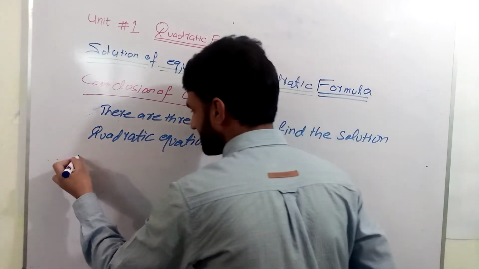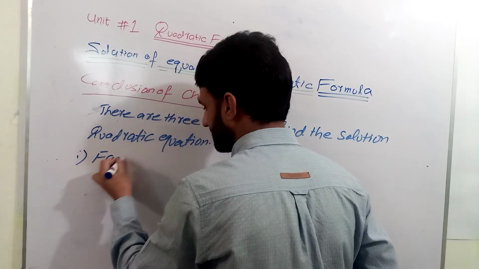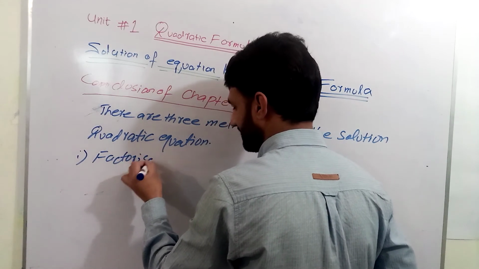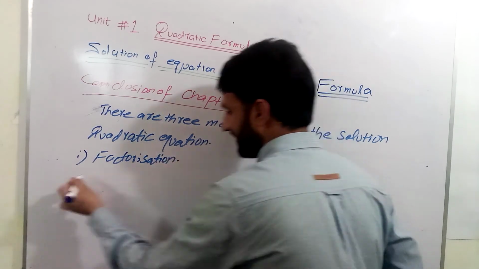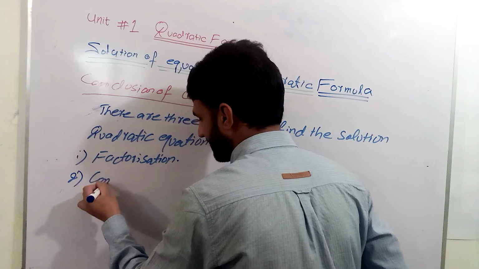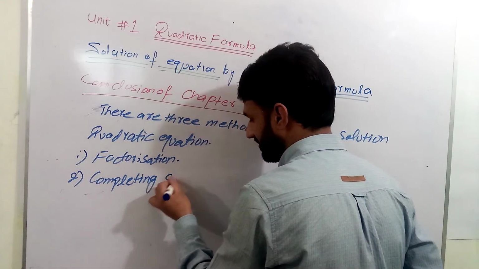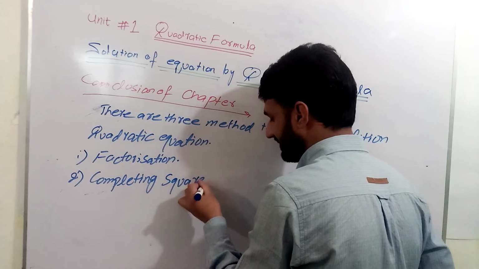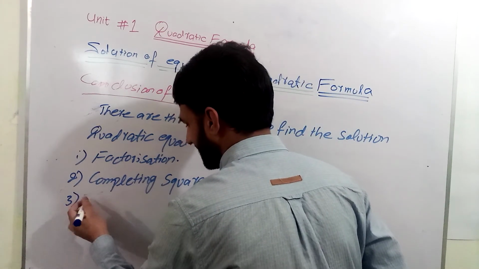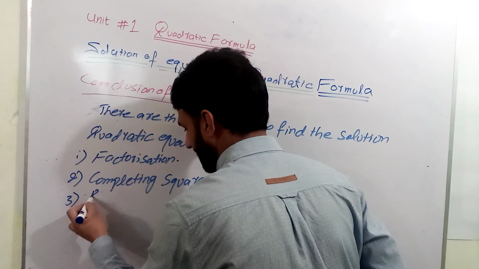Number one method is factorization. Number two, completing the square. And number three is the quadratic formula.